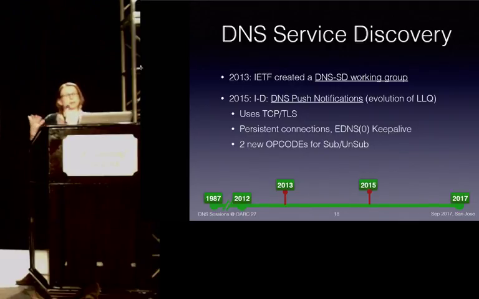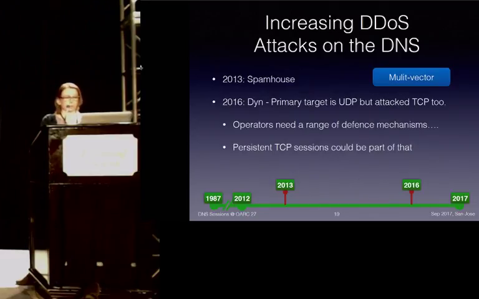There was an option of using DNS over TLS directly to do this, shifting all of that overhead down to the transport. So it said use TLS, use persistent connections, use the Keep Alive option, and what it actually did was request 2 new opcodes, one so they could do the subscription, and one so they could unsubscribe. Okay. So that was playing through the service discovery working group.